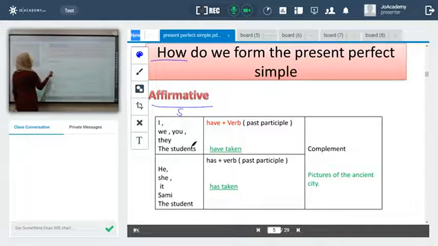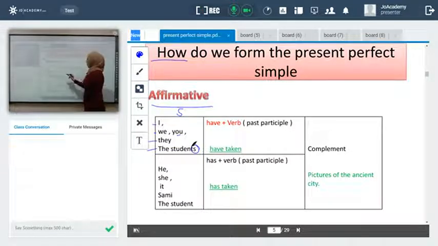So our subject could be I, or we, you, they, or a proper noun, but in the plural case. After that, we use have with them and a main verb, but the verb is in the past participle, verb 3.